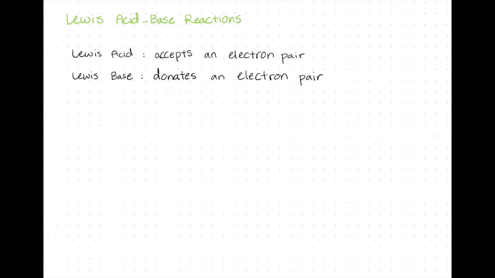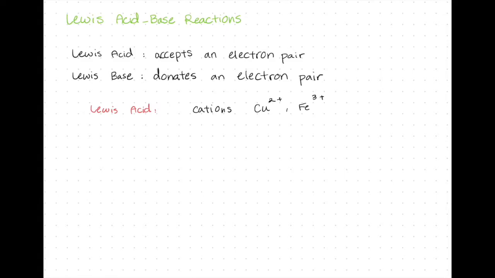So you might be wondering how to identify Lewis acids or Lewis bases in reactions. I'm going to give you a couple examples. So for Lewis acids, compounds that are generally Lewis acids and are able to accept an electron pair are cations such as Cu2+ or Fe3+.